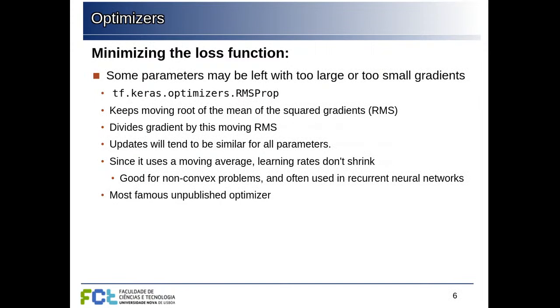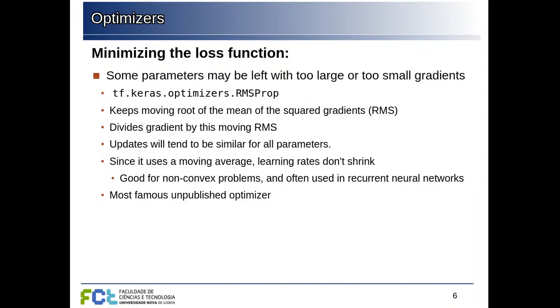With RMS prop, it's a bit different because instead of adding the squared gradients over all the history of the training process, it keeps a moving average, a moving mean of the squared gradients. Actually, it's the root of the mean of the squared gradients, and that's why it's called RMS.